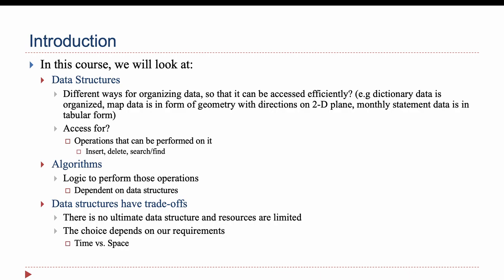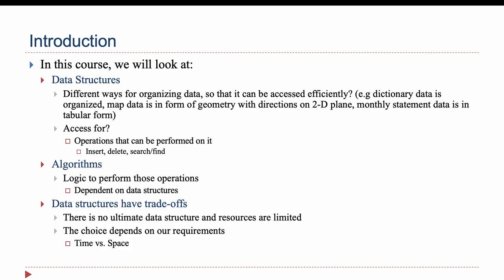For example, if we have a dictionary, we can organize it by the alphabet to make it easier to find a specific word. If we have map data, we can organize it based on its position on the 2D plane. And if we have monthly statements, we can organize them in a tabular form.